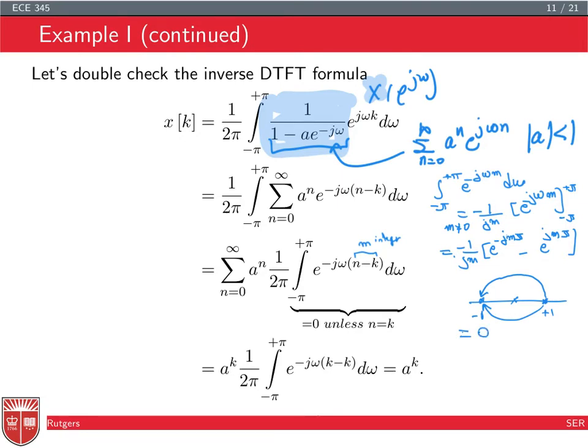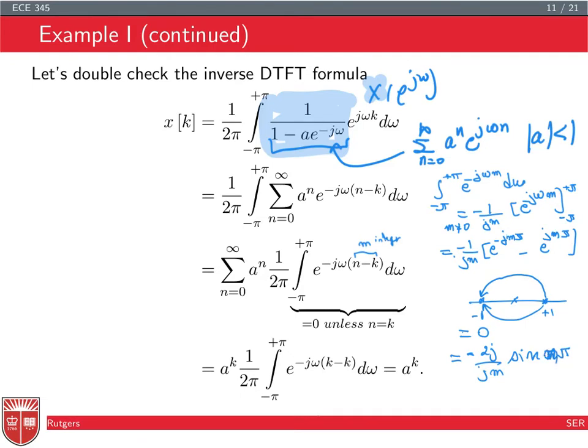If you want another way to see this, if you use Euler's formula, this is equal to −2j divided by jm times sine of mπ.